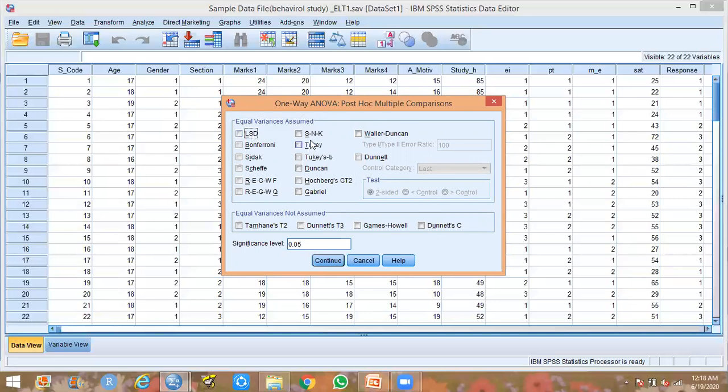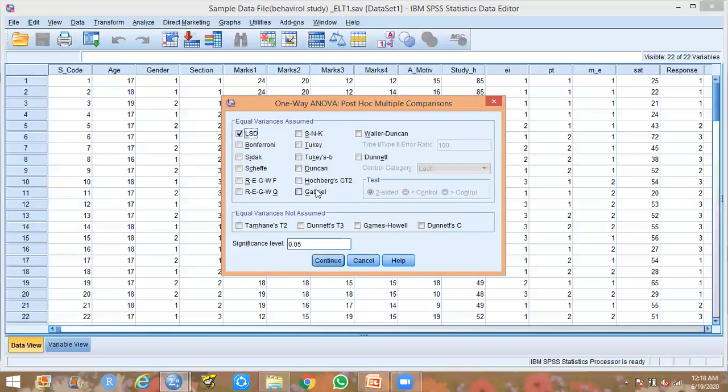Some people use Tukey, some go for Waller-Duncan, some go for Scheffe. The popular post hoc tests are LSD, Tukey, then Scheffe. Now I'm using the least significant difference. If you want to test validation, then you go for Scheffe or Tukey. I'm not taking that one.